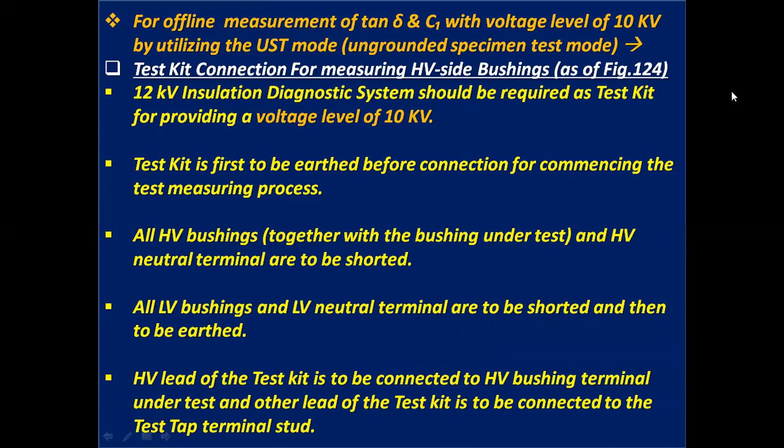The test kit connection for measuring HV side bushings is as in figure 124. A 12 kV insulation diagnostic system is required as the test kit for providing a voltage level of 10 kV.